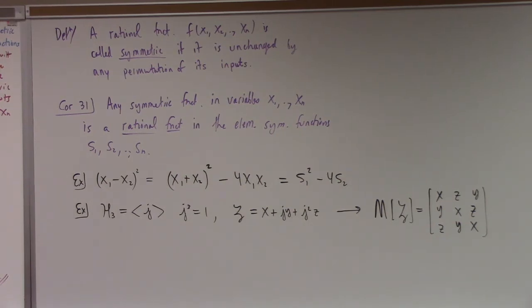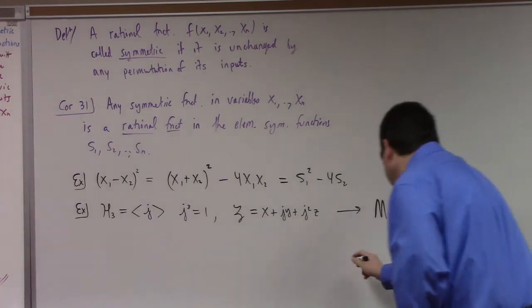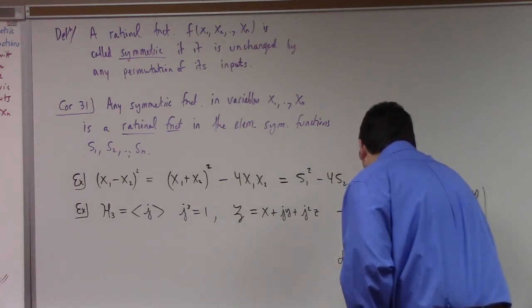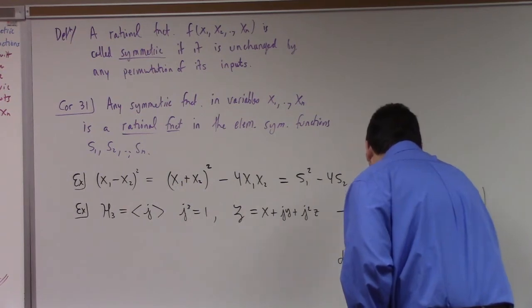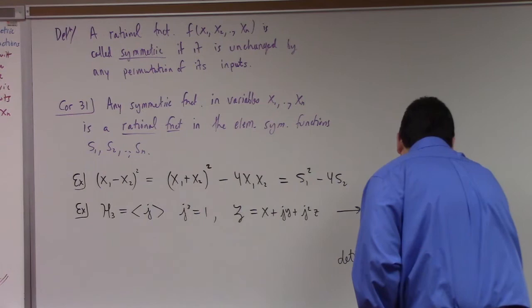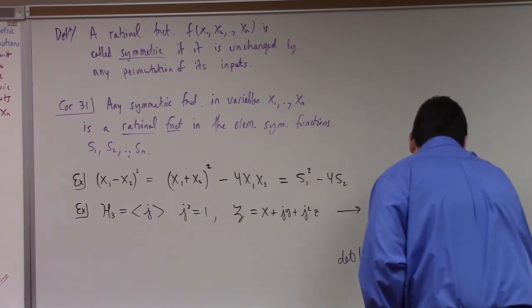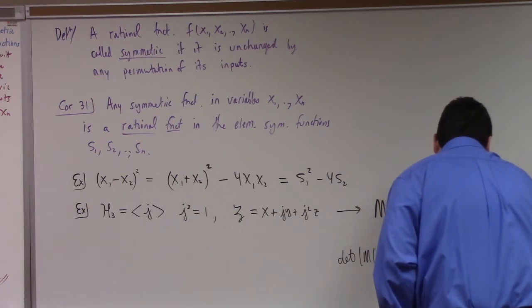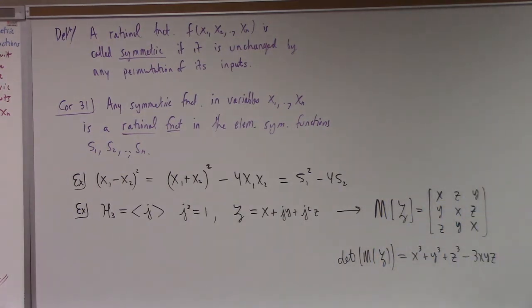The determinant of this is equal to x cubed plus y cubed plus z cubed minus 3 times xyz. This is a symmetric function in x, y, z.